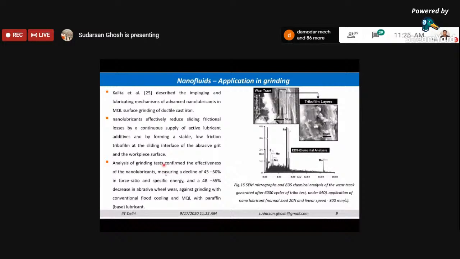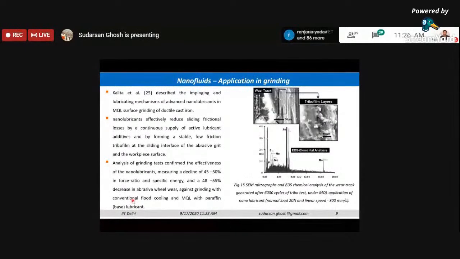As you can see, nanolubricants have also been used in the grinding test, and in the grinding test, to find out the coefficient of friction, we normally use the force ratio. That means the tangential grinding force versus the normal grinding force. The ratio of the tangential and the normal grinding force is taken as the apparent coefficient of friction.